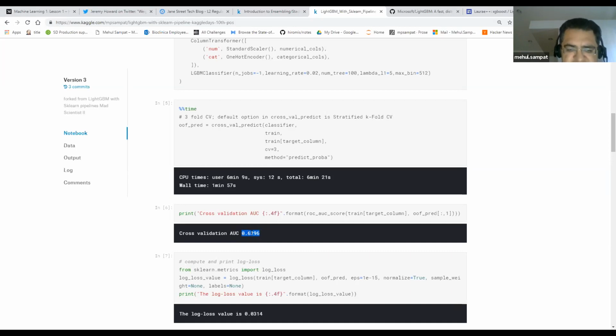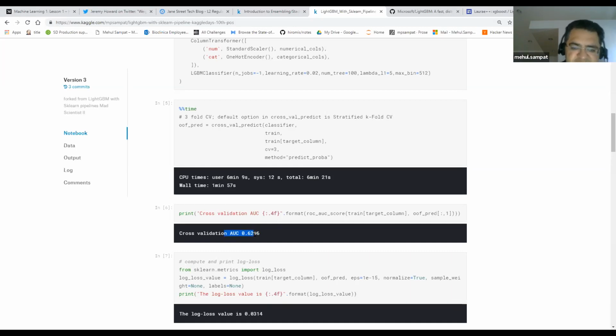One thing I should clarify: this is the local cross-validation score on the training data. I split the training data 5-fold, and this is the cross-validation area under the curve. And on the leaderboard is the score on the test data.